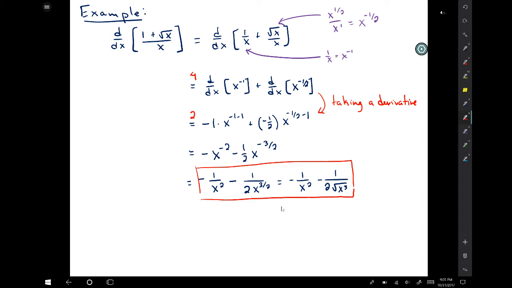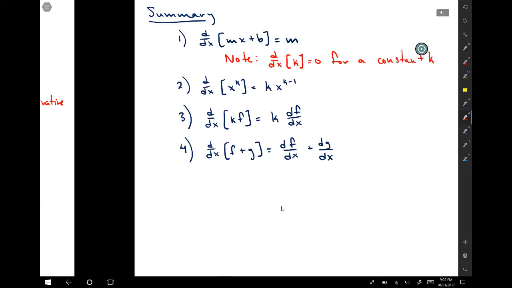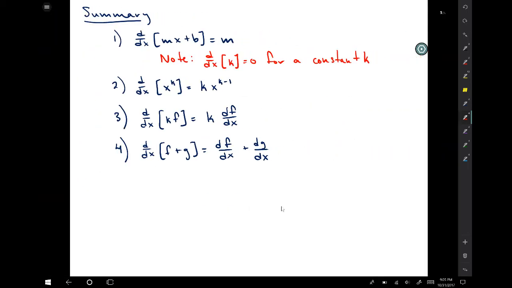Okay, so those are your basic derivative rules. Here we have a nice summary. We have the derivative of a linear function, mx plus b, is just m. And one thing that we looked at as an example is that the derivative of a constant is 0, because that's the case when m is equal to 0 in mx plus b. We have the power rule.